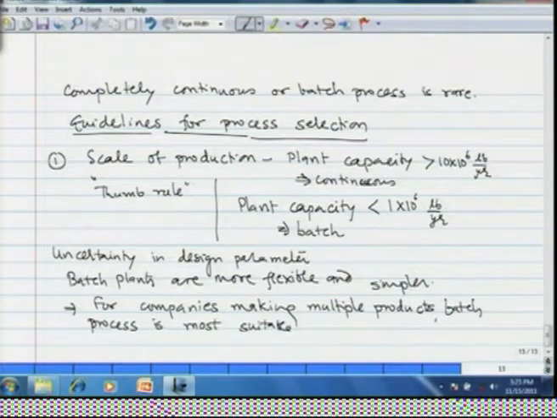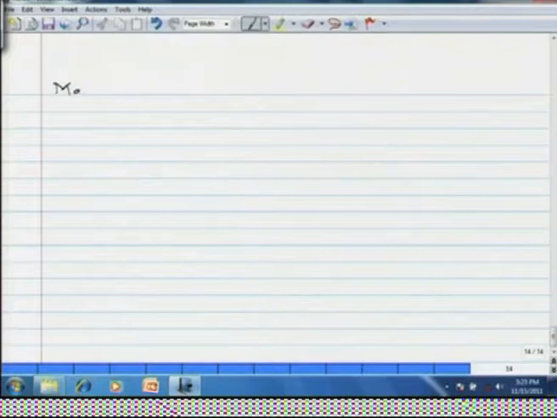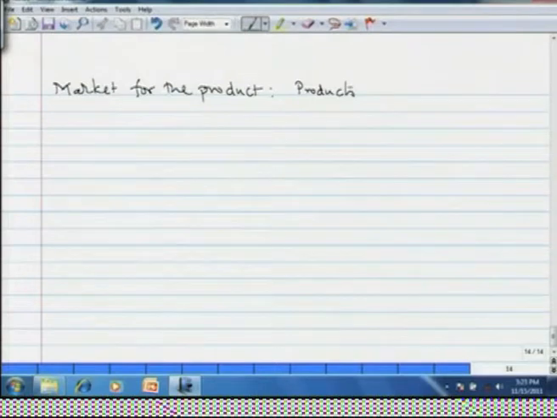The next factor is the market for the product that the plant is making. For products with a seasonal market, a batch plant is more suitable.